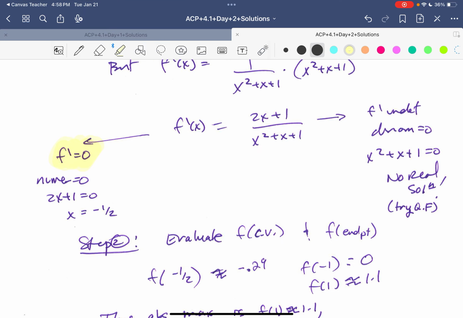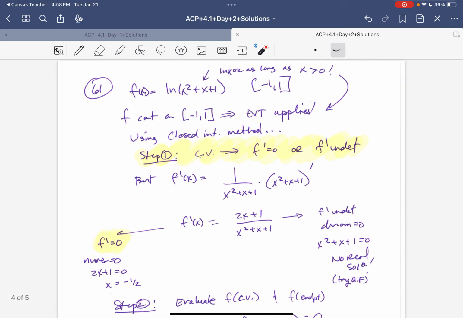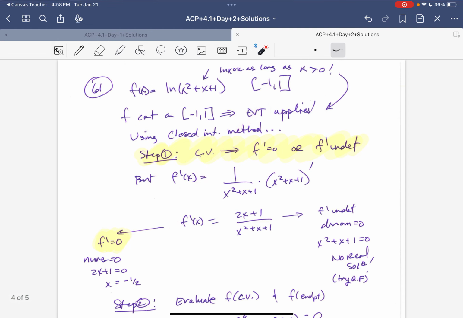I'm happy because it's a fraction, so that's where the numerator equals 0, which gives me negative 1/2. And where's it undefined? Well, that's where the denominator equals 0 for a fraction. And that gives me no real solutions. If you don't believe me, try the quadratic formula. So negative 1/2 does live in this interval, so I'm happy.